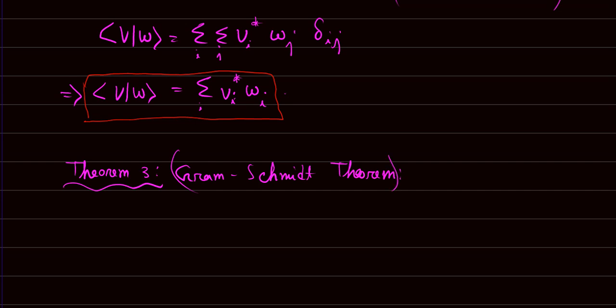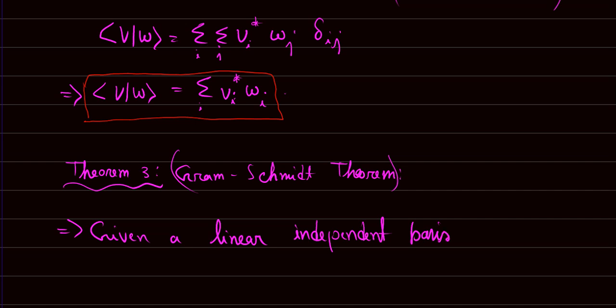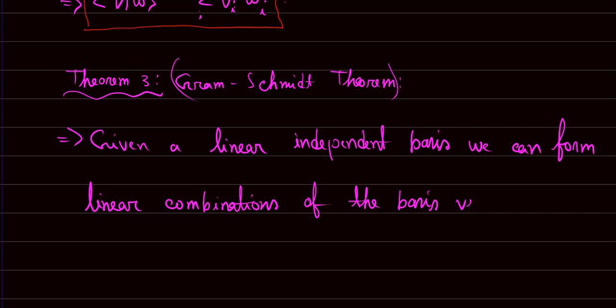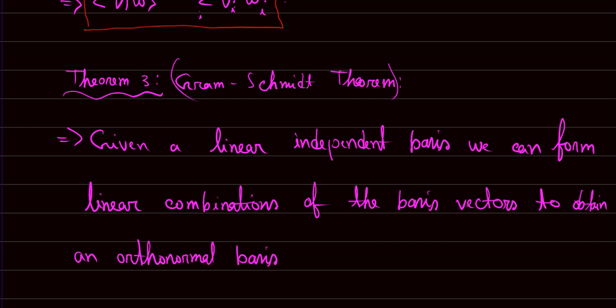This Gram-Schmidt theorem tells us, given a linearly independent basis, we can form linear combinations of the basis vectors to obtain an orthonormal basis.